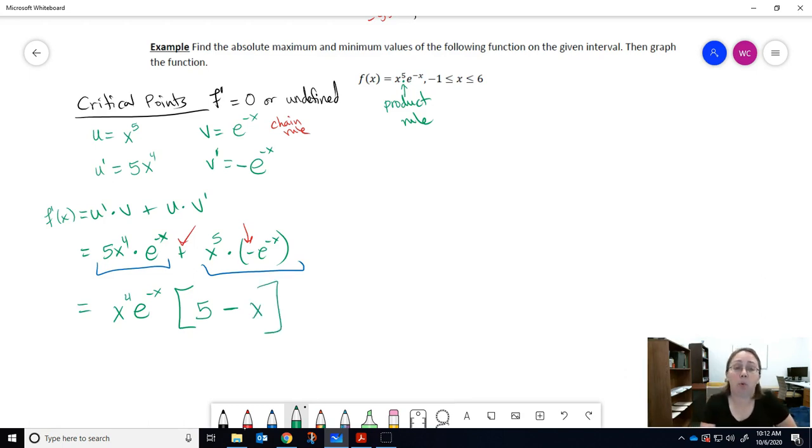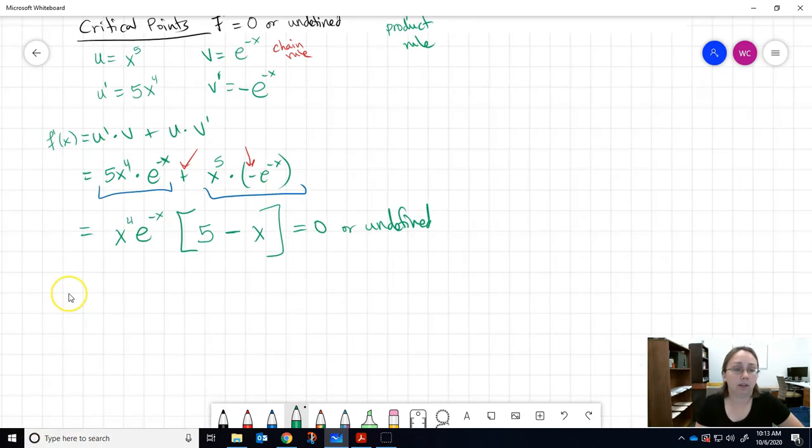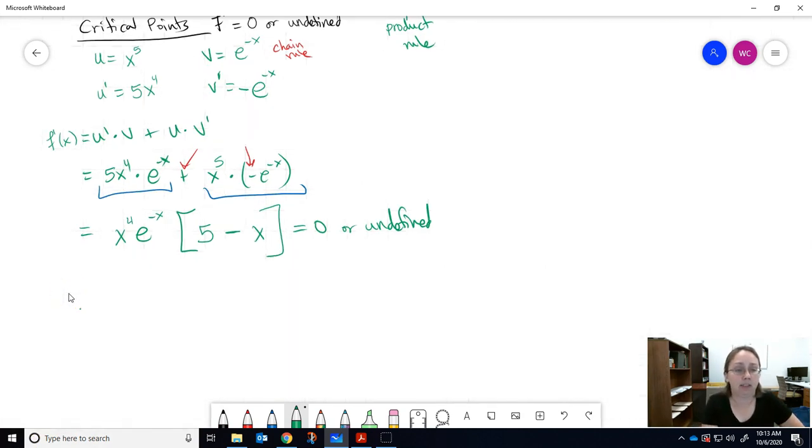In this case, it's very important to do the factoring because we have to analyze this. We have to set it equal to 0 or undefined. Now, undefined requires us to talk about the denominator. So let's rewrite this with positive exponents so that we can see our denominator. So we have x to the 4th times 5 minus x on top.